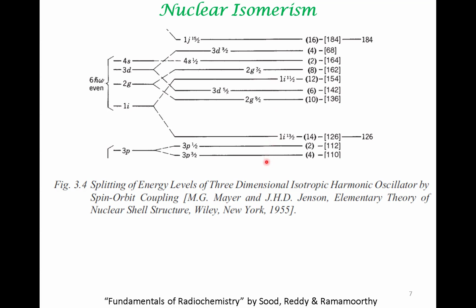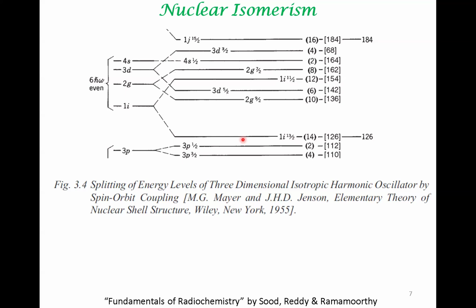So there is a bunching of levels towards the edge of these levels, and then there is a gap. Again there is a bunch of levels and then a gap. The consequence of this is that there can be isomers.